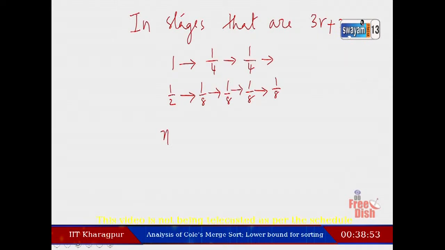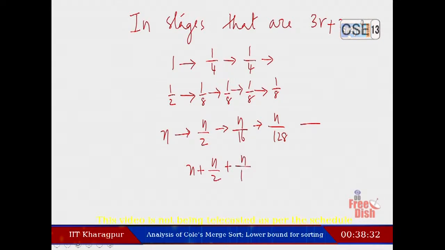Which means at the lowest level we have a total of n cache elements, at the next level we have n by 2, then we have n by 16, then n by 128, etc. So when you add up all the number of cache elements, you find that the sum is again order of n. This is 11n by 7, which is again order of n. So what we have established is that the total number of cache elements in all the vertices of the live band would be order of n.